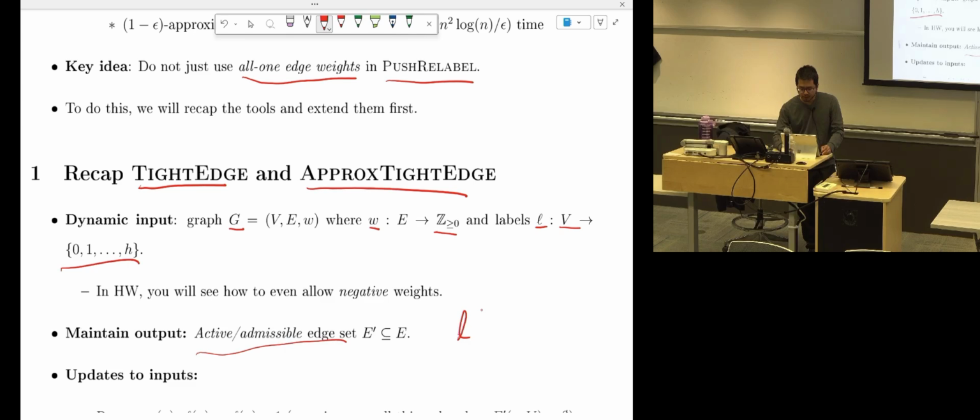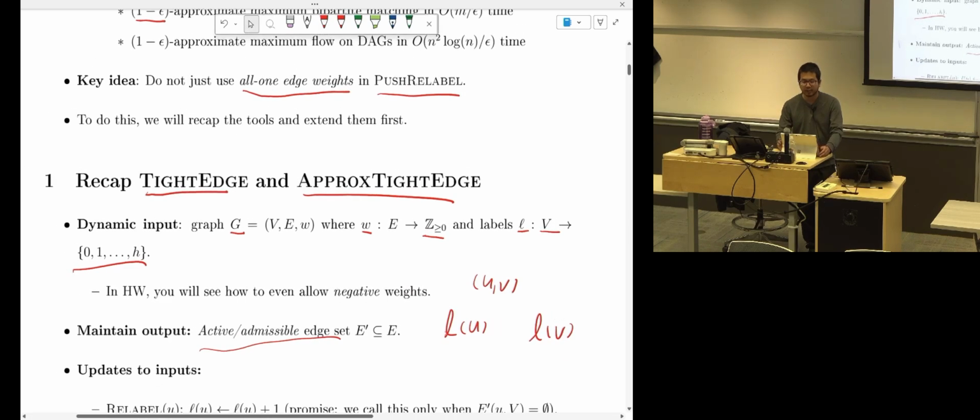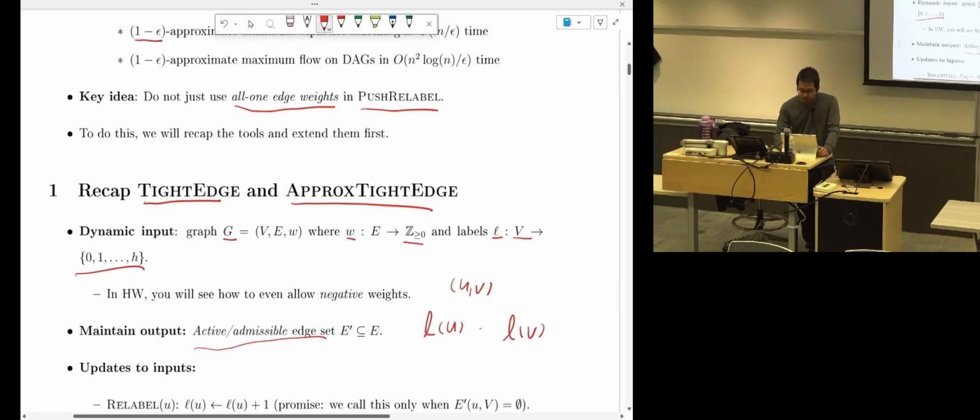If the edge is U and V, you have level U and level V. What's the relationship between level U and level V? The distance. The distance between U and V is what? Level U minus level V. Yeah, it's w, assuming that U is higher up.